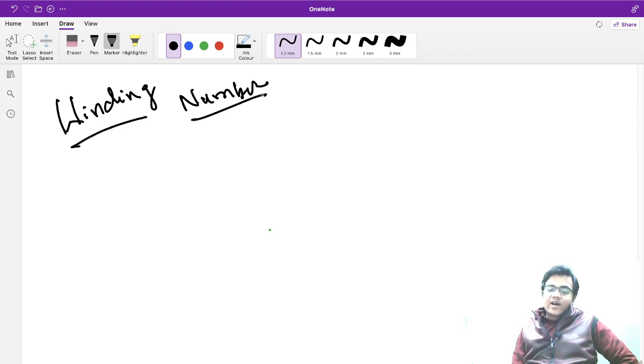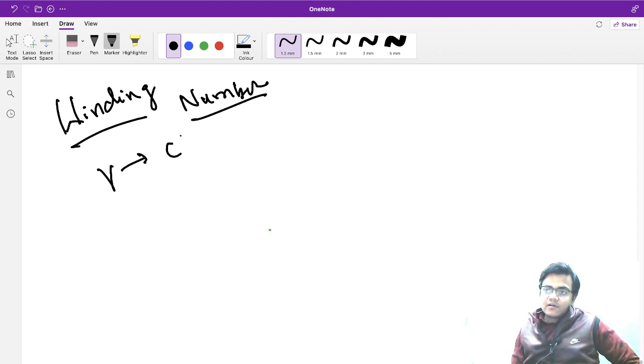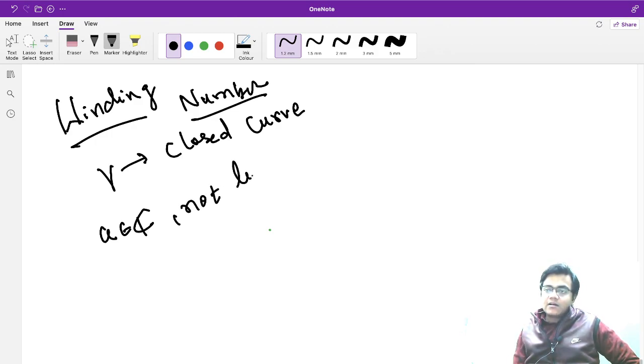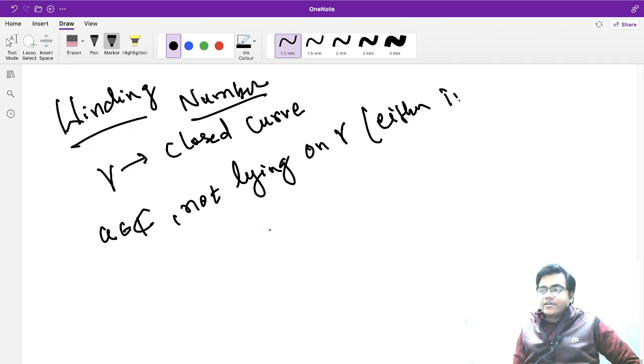So what is the winding number? Think, if gamma is a closed curve, and let's say A belongs to C, not lying on gamma. I mean to say it is either inside or outside.